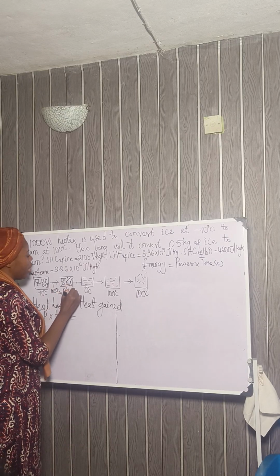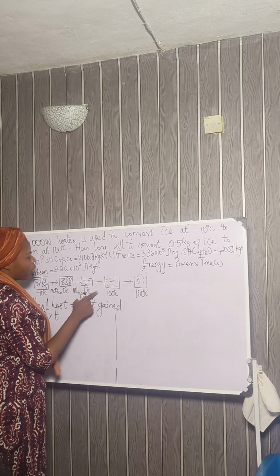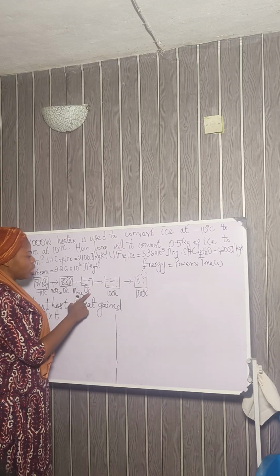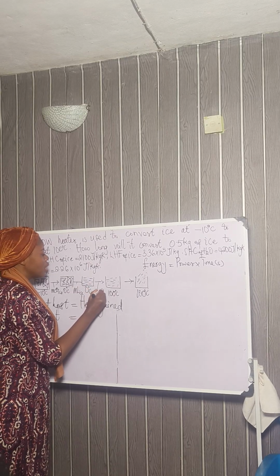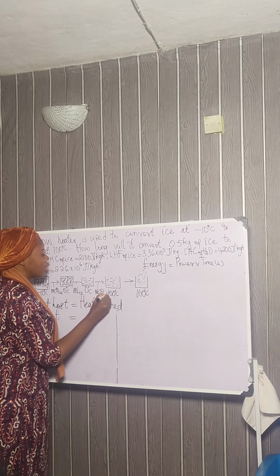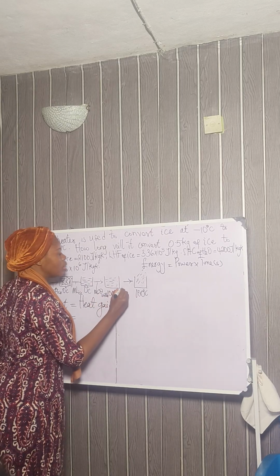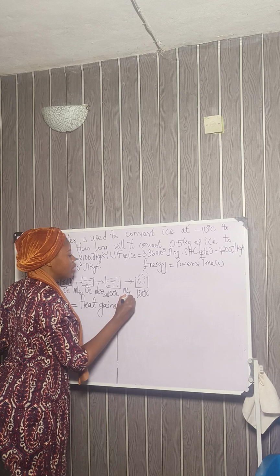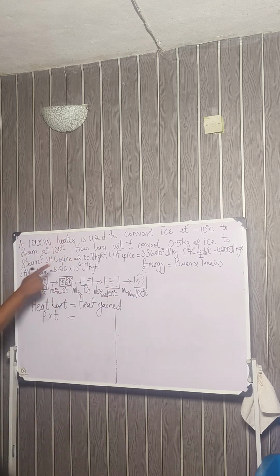So we call this ML ice. Here we can see there's a change in temperature, 0 degrees Celsius to 100. So this is MC theta of water. Here we can see there is no visible change in temperature. This is ML steam. So this guides us in knowing when to use each of these parameters.